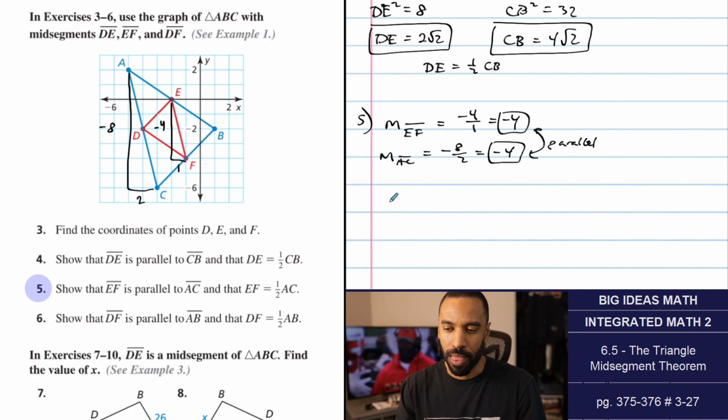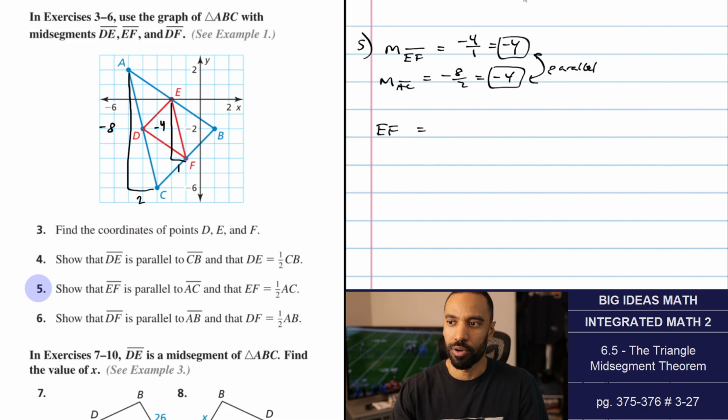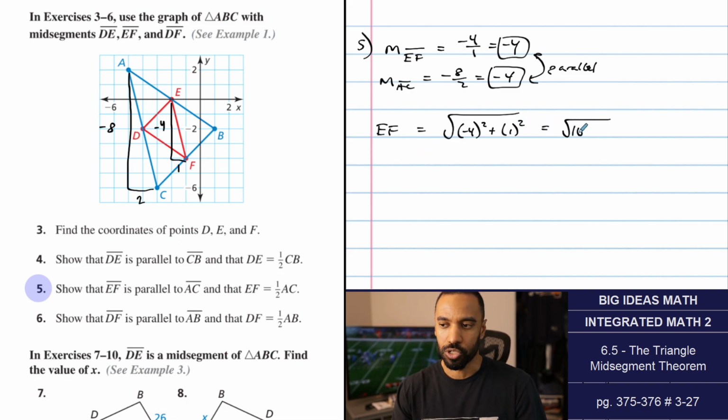And then as far as distances go, the length of segment EF, again, EF squared. Well, you know what? I'm going to skip the squared part. If you want to go in distance formula concept, that's fine. We'll take the square root now, but it's still this squared plus this squared, right? So -4 squared plus 1 squared. And it's not necessarily a requirement here that you need to say -4. -4 squared is 16. It's still positive 16 there, but you get the square root of 17.